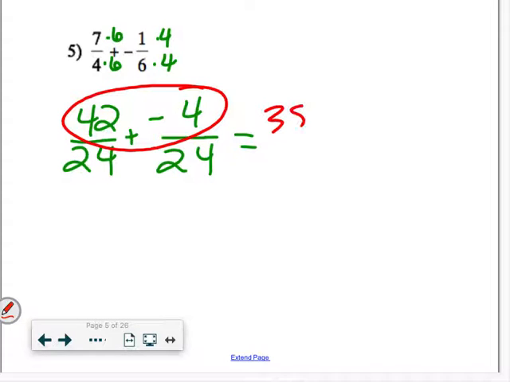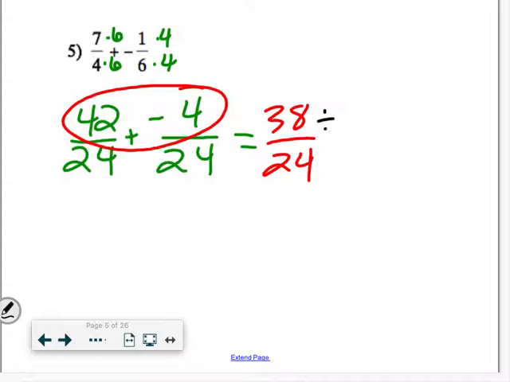So you end up with 38 over 24. Looking at that right there, they're both even, so you should automatically know something should trigger in your head. I can simplify this. Because even numbers can always simplify by 2. So as long as you have 2 even numbers, it can be simplified.